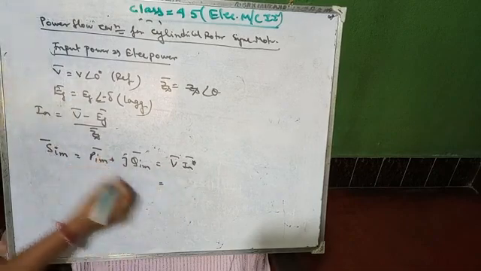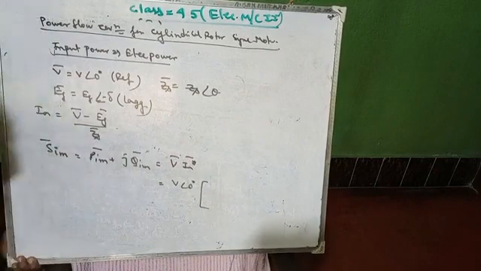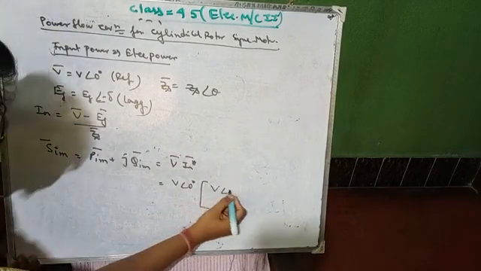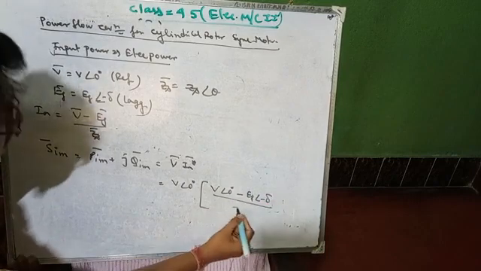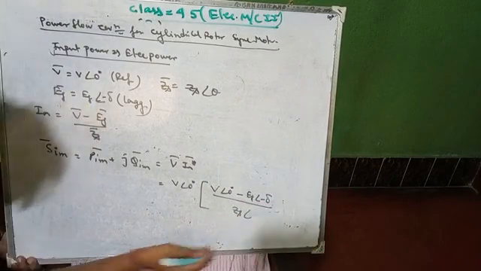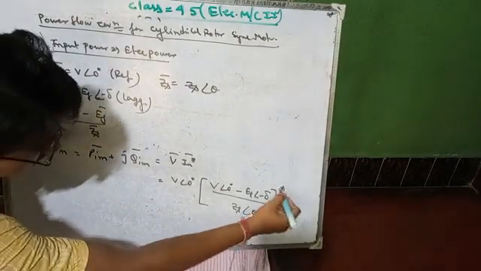Okay, so V equals V angle 0 degree, and IA star will be V angle 0 degree minus EF angle minus del, divided by ZS angle theta, with a star over it.